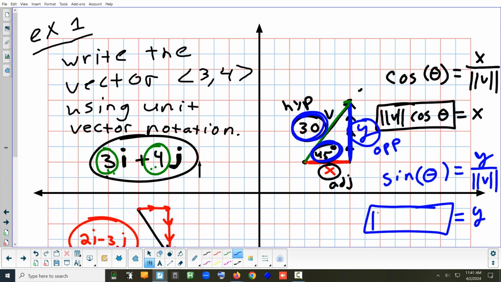Magnitude times the sine theta. Anything else? You need the little v in there. Yeah, the magnitude of v. Which in this case would be 30.